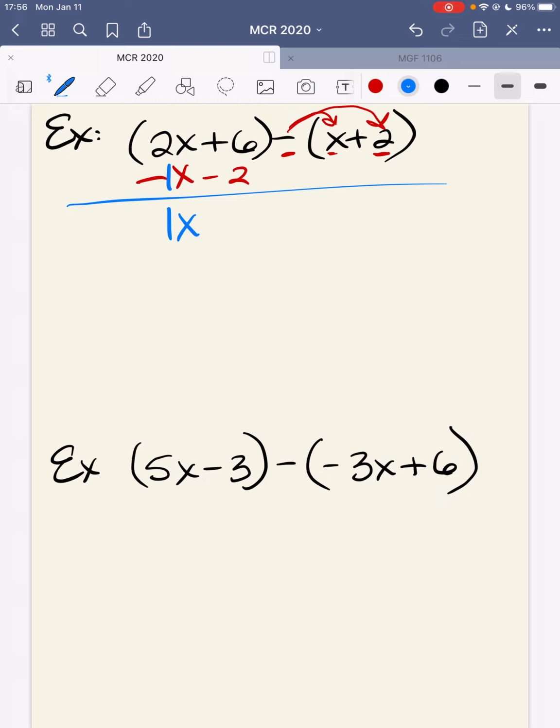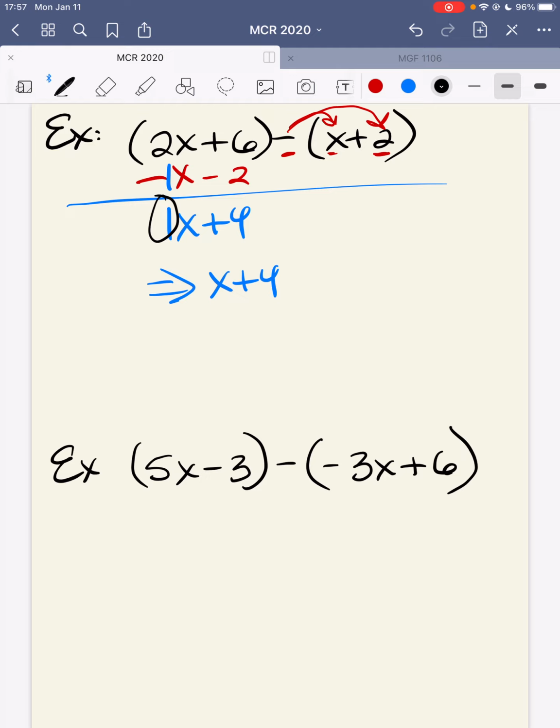Then plus 6 minus 2, so I have $6, spend $2, I have $4. If this were multiple choice, this would look like x plus 4, so I wouldn't put that 1 in my answer. If you leave it there for right now, that's totally fine while we're adjusting using integers.